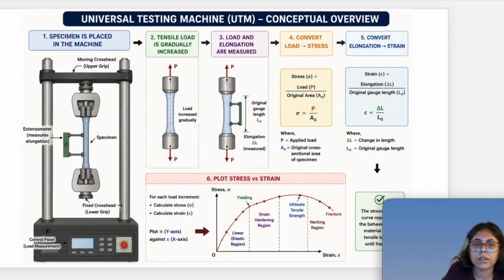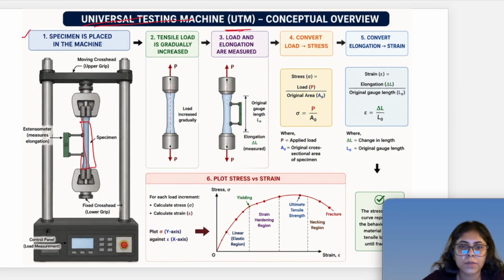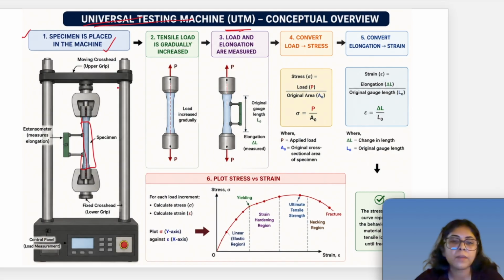The experiment setup is something like this: we have a universal testing machine, we call it UTM in short. This is our specimen, so we will be placing this specimen between the machine. Now we'll be applying the tensile force gradually.